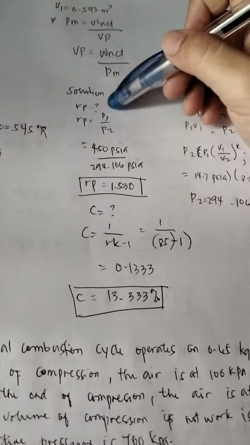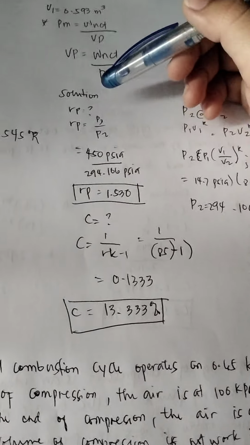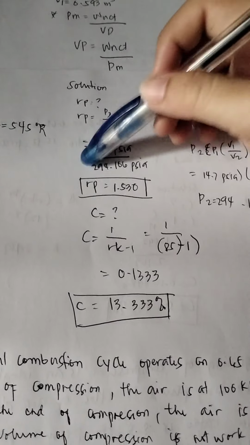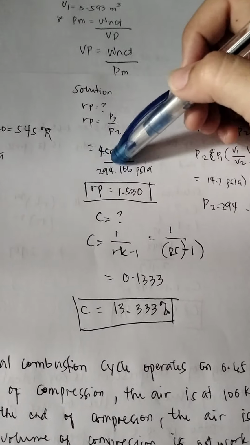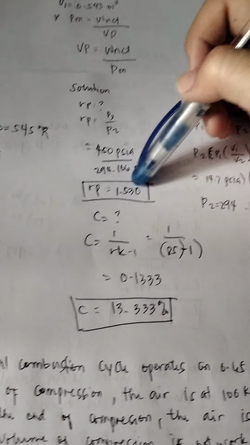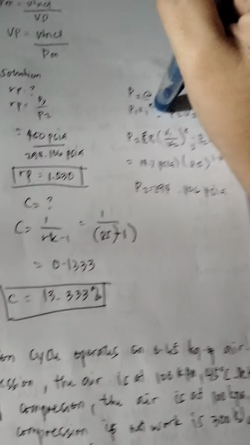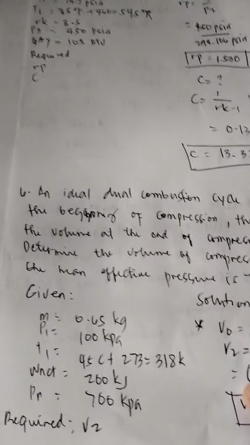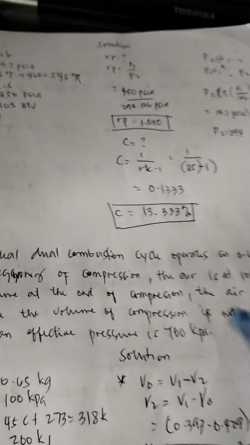So, for rp, the formula is P3 over P2 equals 450 psia over 294.106 psia. rp is equal to 1.530. The efficiency is equal to 13.333%.